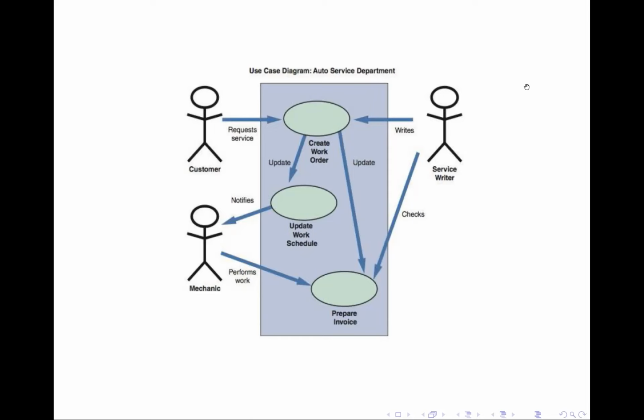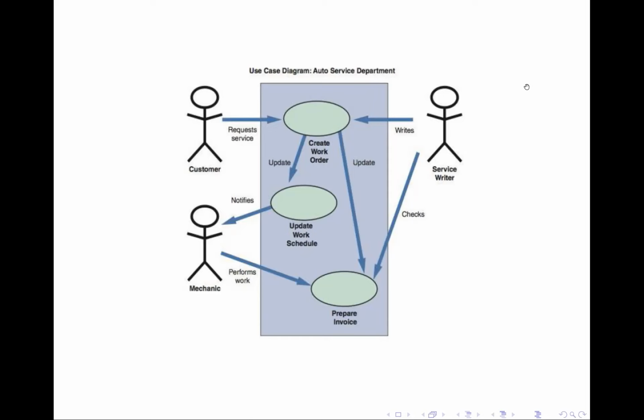Once the work schedule is notified to the mechanic, and when the mechanic performs the work, we need to prepare the invoice. So using the work order, we need to prepare the invoice, and finally the service writer checks the invoice. So you can see here, to draw this, first you identify the boundary, which means the rectangle shape, and then you will have all the use cases.